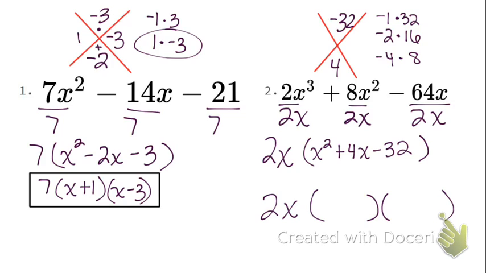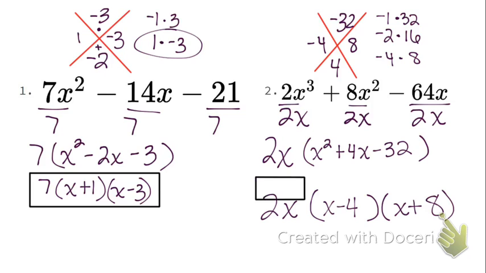Okay, so then when we look at this, hopefully you see that this last factor pair is going to end up adding up to a positive 4. So we would use negative 4 and positive 8. So x minus 4 and x plus 8 fills in the rest of our answer.